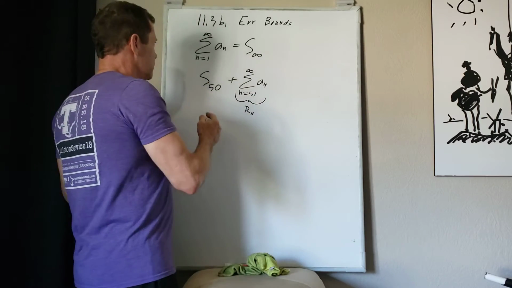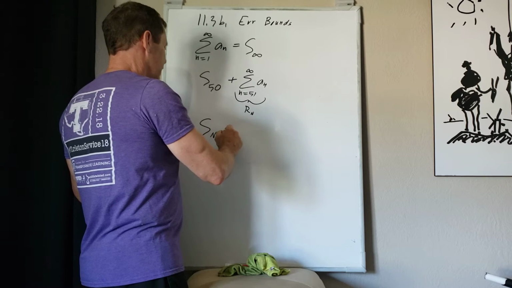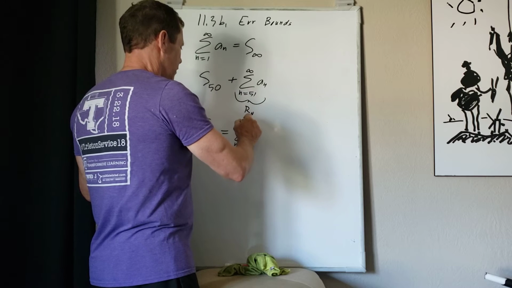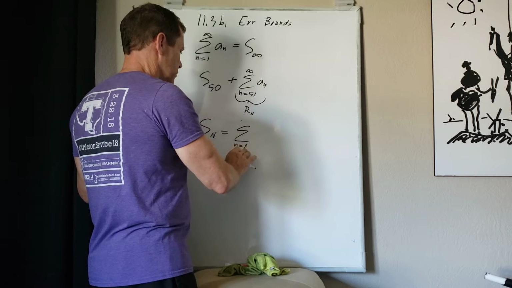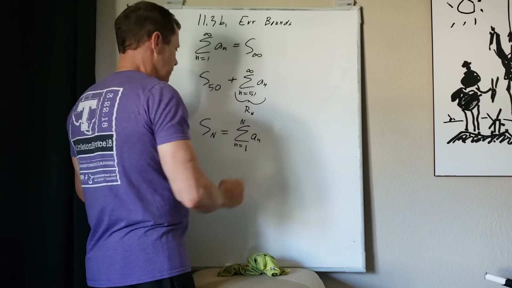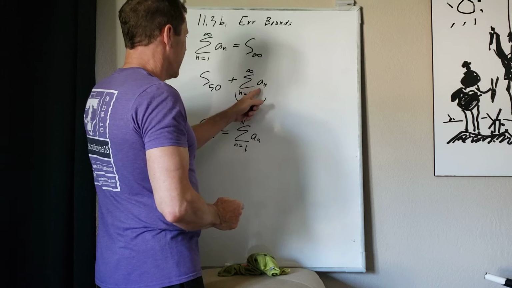So let's see what we would do. If we have S_N, what's S_N equal to? That's the summation little n equals 1 to big N of a_n. And then what's the remainder going to be?